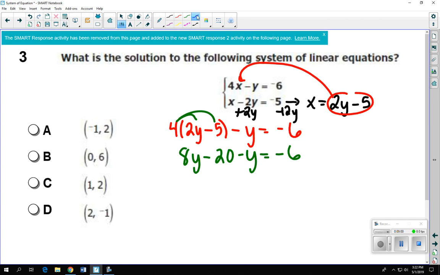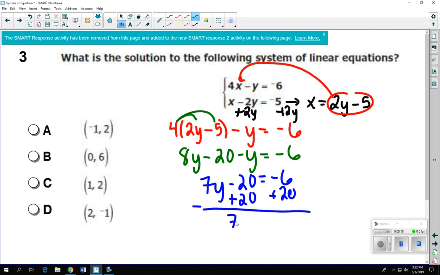I'm going to combine my like terms of my y's to have 7y minus 20 is equal to negative 6. I'm going to add 20 to isolate my variable. I'm going to have 7y is equal to 14. And then the final step is to divide by 7, and I'm going to see that y equals 2.